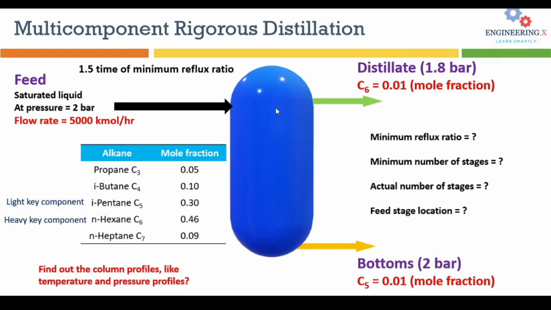To answer all these questions, first we will solve this problem using the shortcut distillation method, and then after having the answers we will move on to specify a multi-component rigorous distillation column to have our final results. So let's move to the DWSIM software to solve this shortcut distillation problem.